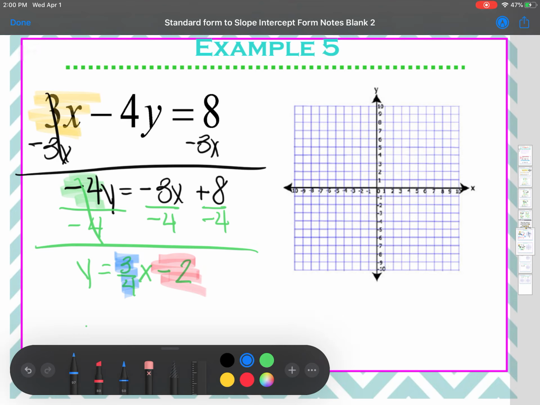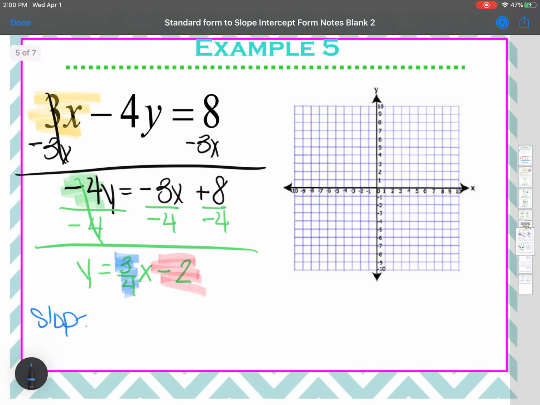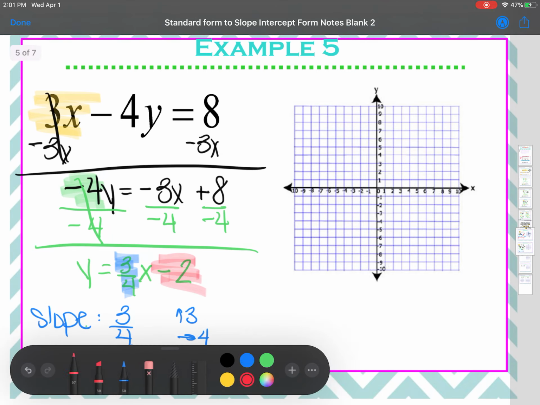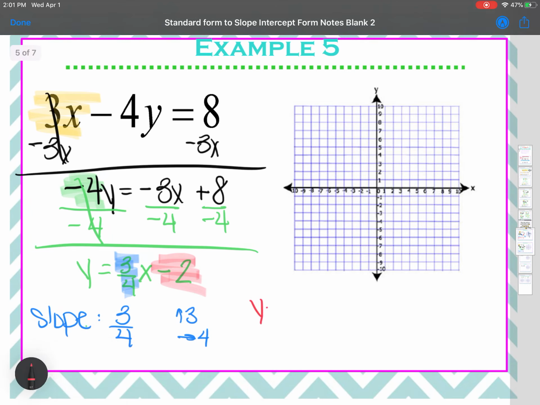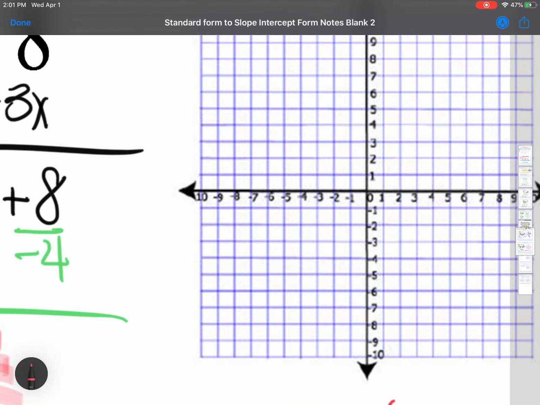Okay, so my slope is 3 over 4, which is the same as up 3, right 4. And my y-intercept is -2, so it's going to be at 0, -2. So first things first, when I'm graphing this, I'm going to plot that point, 0, -2.